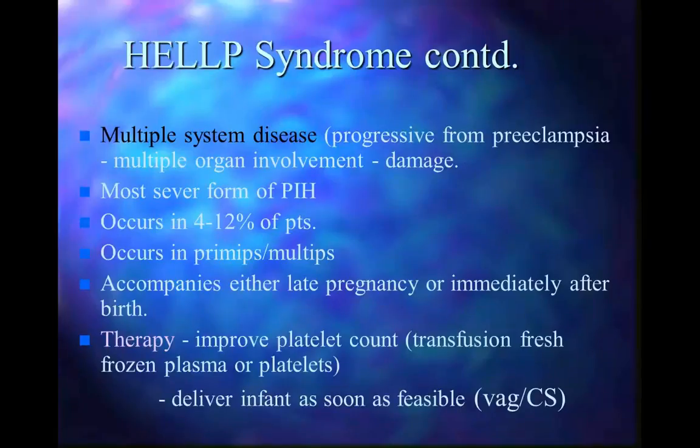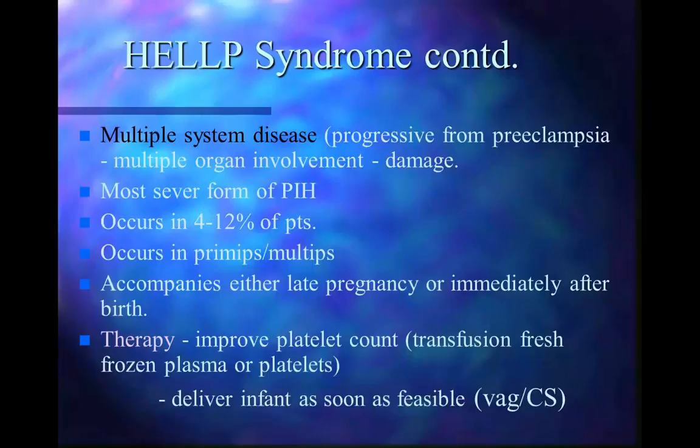Now, once it gets to be HELLP syndrome, it becomes a multiple system disease with multiple organ involvement and damage. Again, as I said, it's the most severe form of PIH or preeclampsia, and it occurs in 4 to 12% of patients who have preeclampsia.